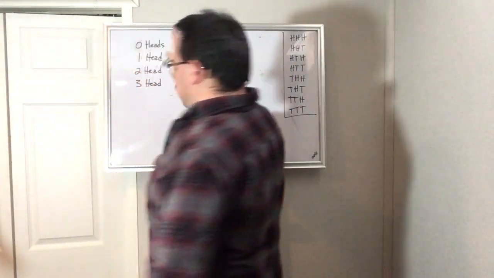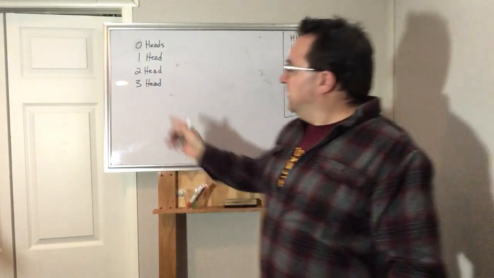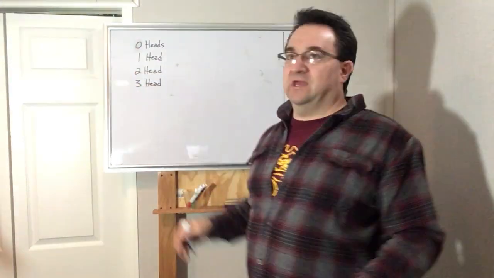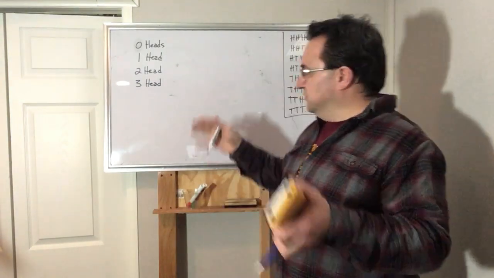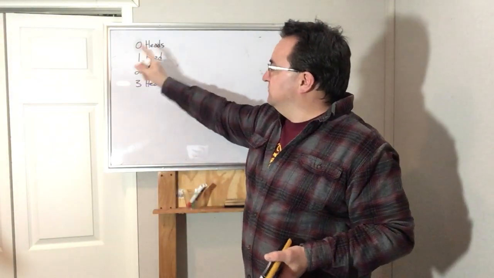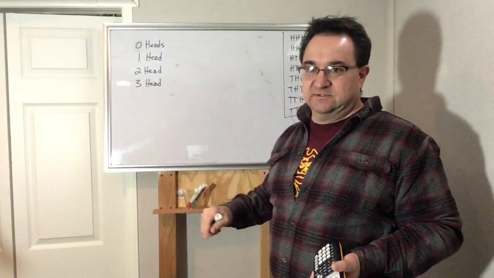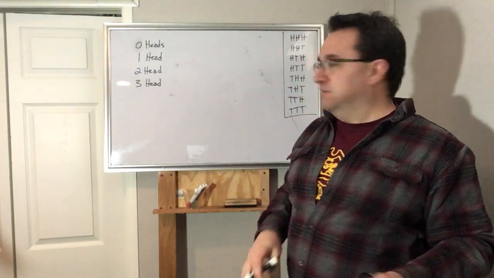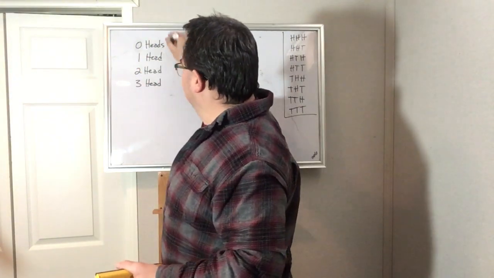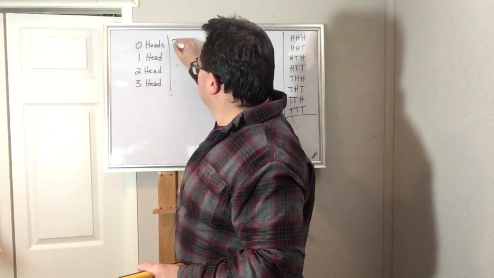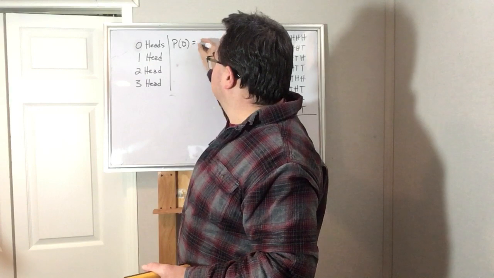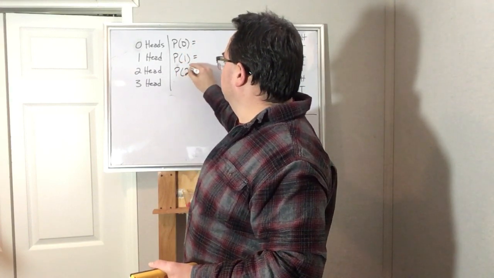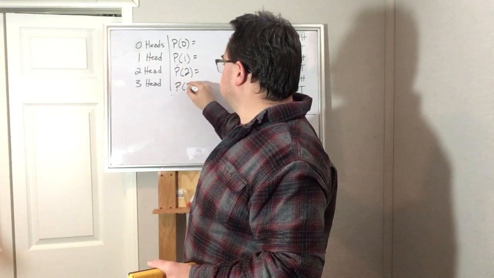So this would be all the possible scenarios. And when you do a probability distribution, we have to have numbers. We can't use categories. So this is numeric: no heads, 1 head, 2 heads, 3 heads. Then we have to give their associated probabilities. So these are all the possibilities: the probability of getting no heads, the probability of getting 1 head, the probability of getting 2, and so forth.